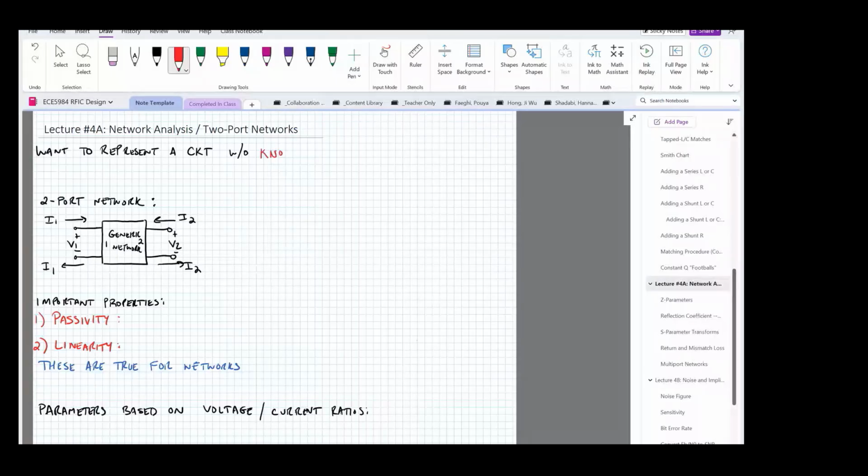All right. So we want to represent a circuit without knowing what's inside. Ultimately, this just tells the designer how they can integrate a component.